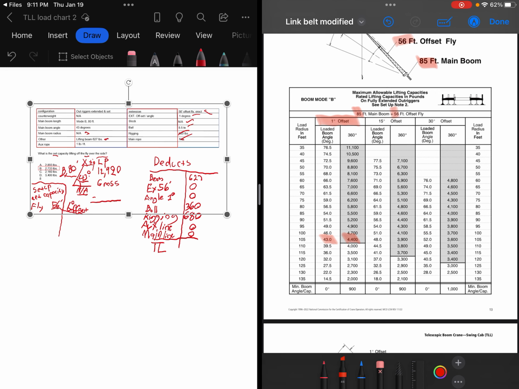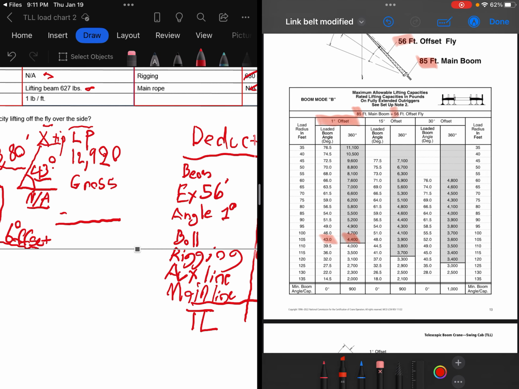So we have a 1 degree offset, 56 foot offset fly, 85 foot of main boom with a 43 degree loaded boom angle, 43 degree main boom angle. So we're going to go with 4,400 pounds as our gross. Let's zoom in here. Gross 4,400 pounds. Great.